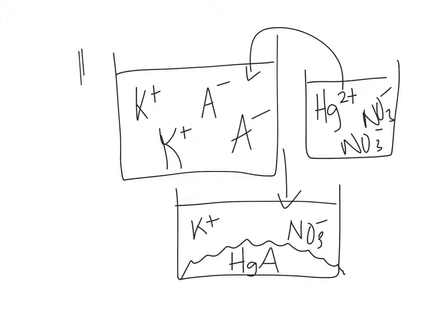Yep. K plus and NO3 minus are your spectators. What are your ions that are going to be in your net ionic equation? Yep. Your Hg 2 plus and your A negative. We don't know what the charge is on A, so I just made it 1. You're picking what A is. That's what it's asking you to do. Pick A from here. What precipitates out with mercury that doesn't precipitate out with potassium?